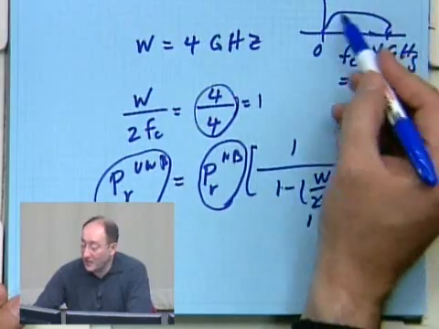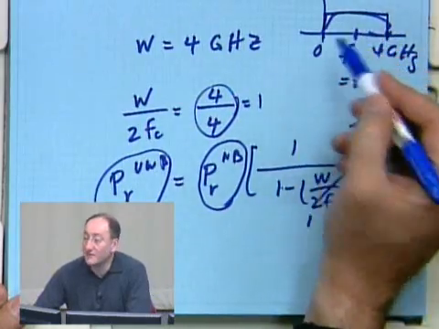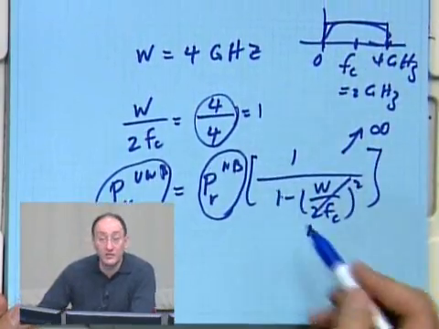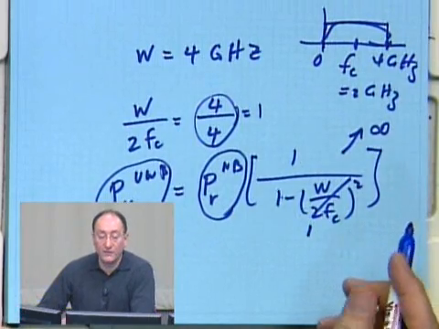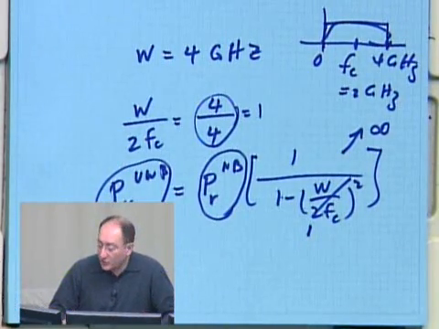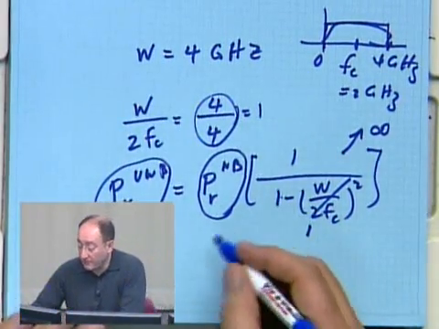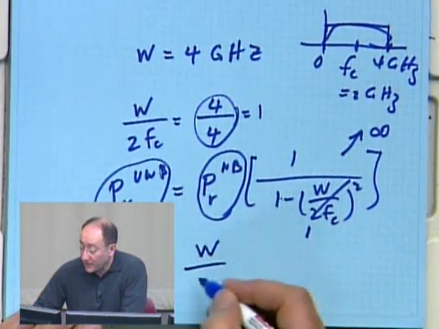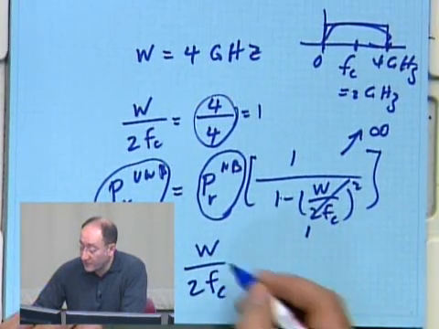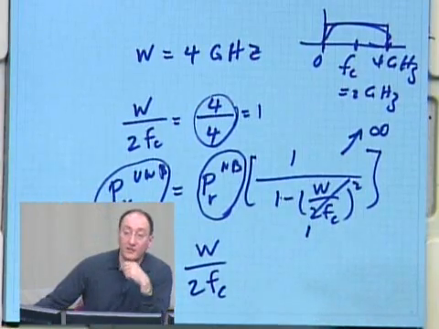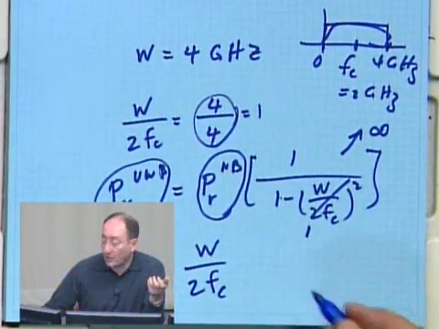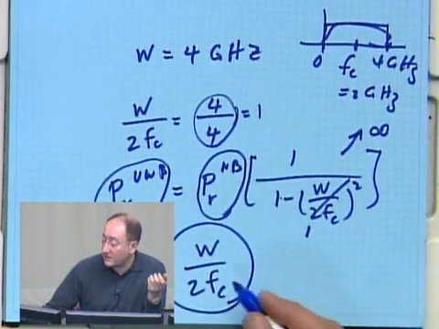This is the ideal case, and it gets close to that. So the issue in here, just like with any filtering, is that I'm a function of W over 2fc. My efficiency of transmission of the power increases with this value.